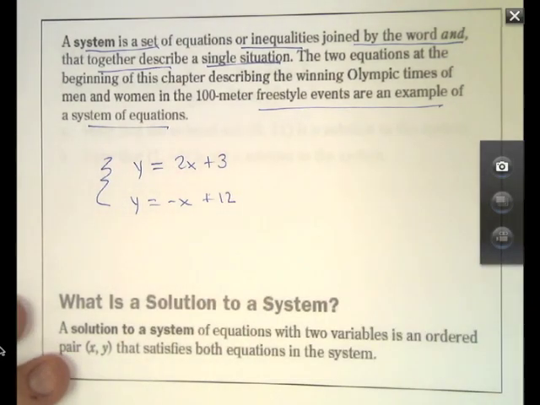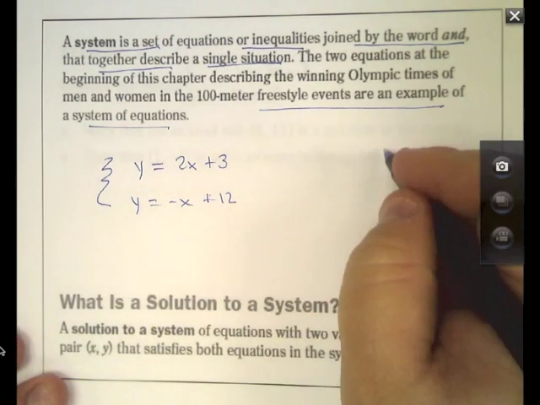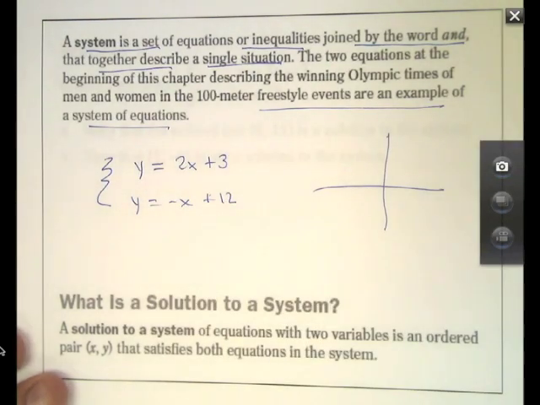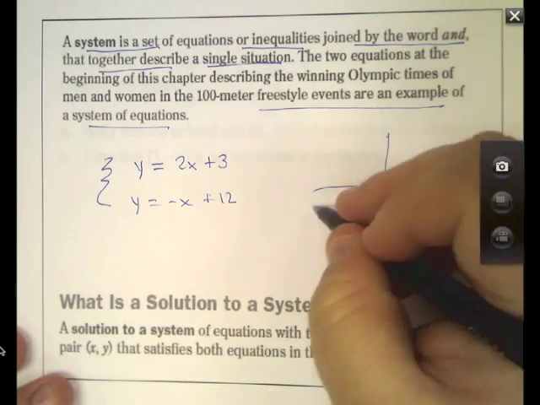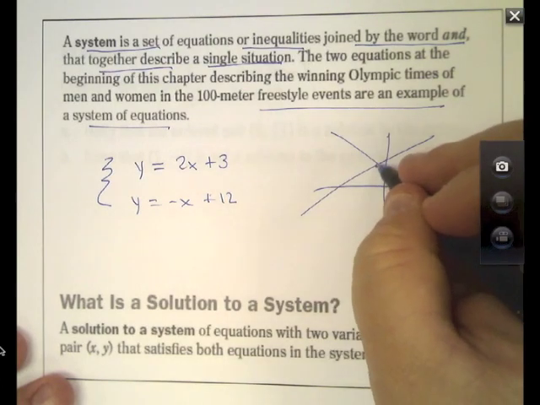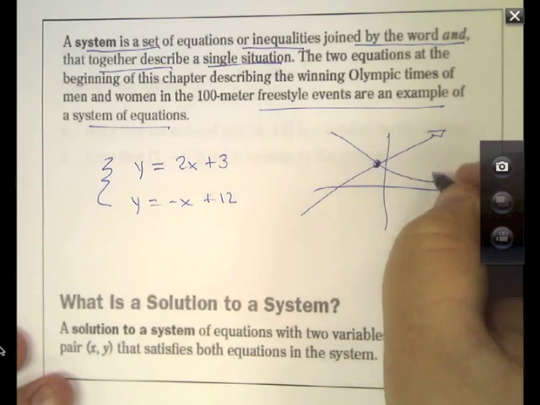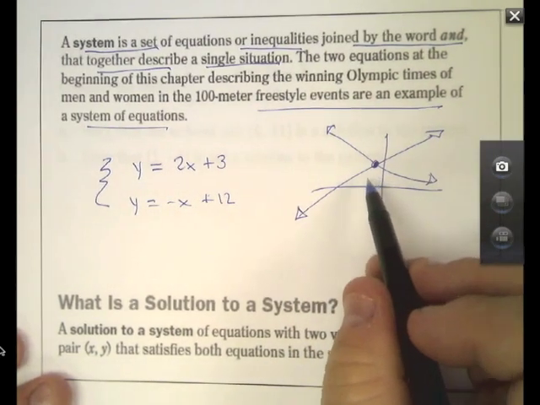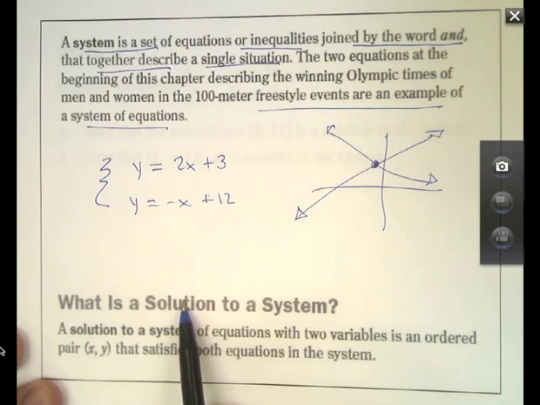If you were to graph these on a coordinate plane, they would intersect at some point. That point where they intersect is going to give you a solution.